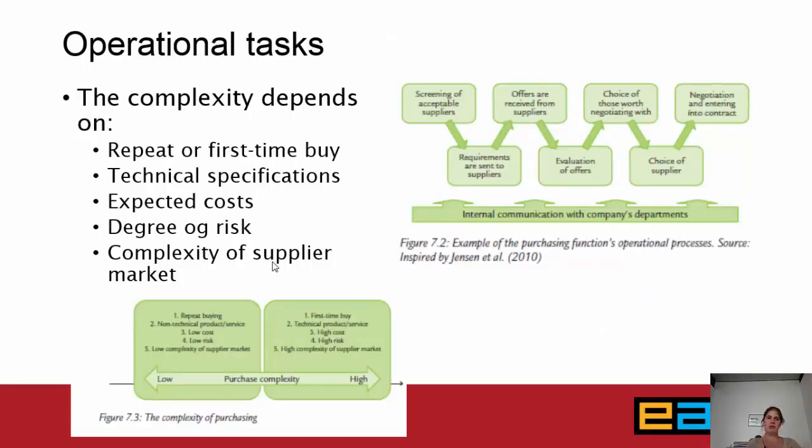Well, if we look at the first model, model 7.2, we see that there are a number of different things that we have to work at in the buying situation. If we look at figure 7.3, we see the complexity of the purchase. Whether or not a purchase is complex depends on how many times we've done it before.